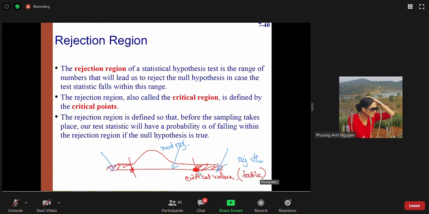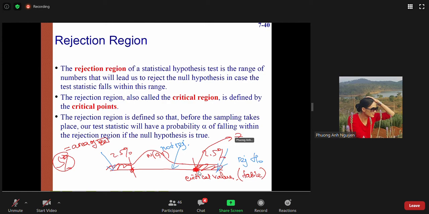For example, when I want to test at the 5% significance level, 5% is the area of the rejection region. So I divide 5% by 2, I get 2.5% here and 2.5% there. Following the standard normal distribution N(0,1), I can get this value Z from the table.